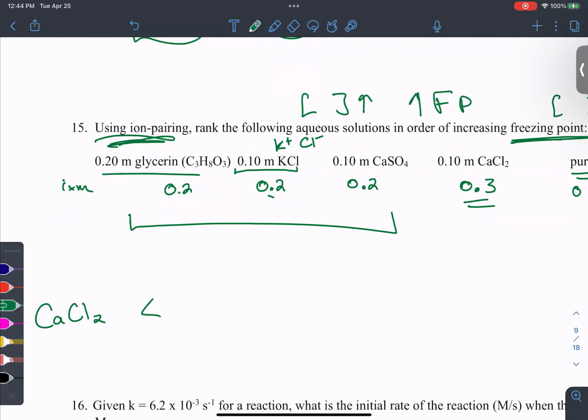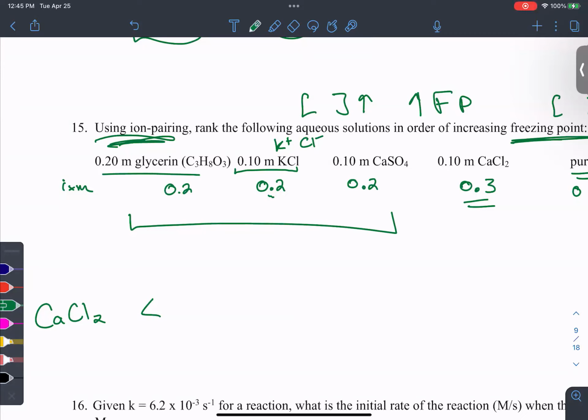We have 3 substances that have all the same I times M. So you would think, oh, they have all the same freezing point depression, but that's not true, because now we want to consider ion pairing, where depending on the size of the ions, the charge, and the concentration, we actually see deviations from the Van 't Hoff factor. The only kinds of compounds that have pure Van 't Hoff factors that we predict are non-electrolytes.